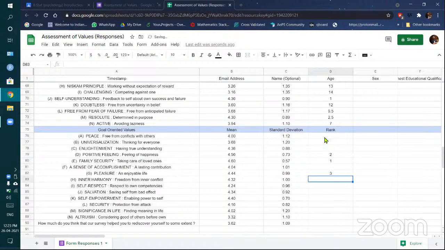Then 4.42, 4.40, 4.34, yeah, 4.36 is there. Enlightenment, having true understanding, 4.36. Oh, sorry, 4.36 is also there. Ah, 4.26 is there. Enlightenment. Then 4.34. Then 4.32.